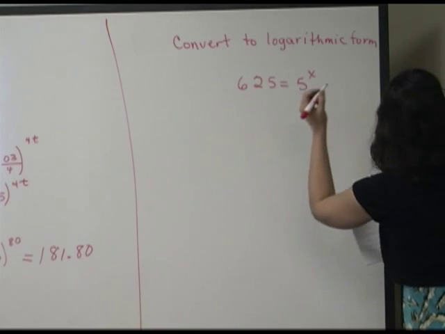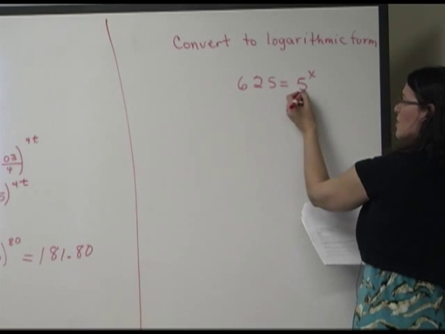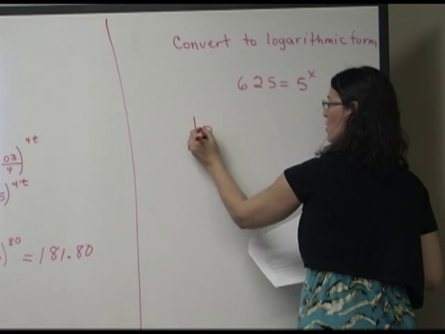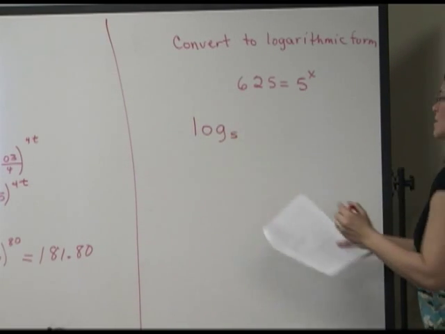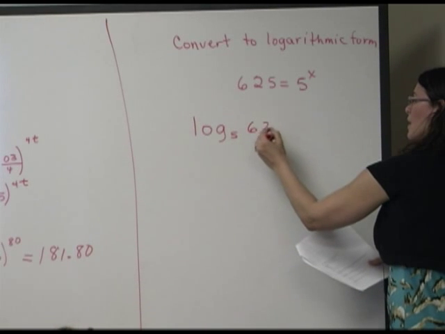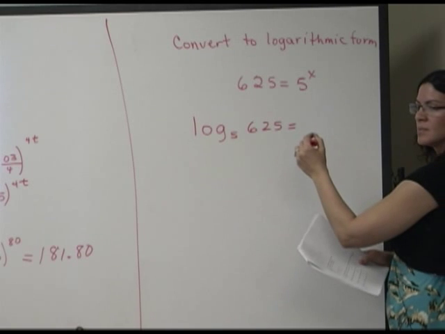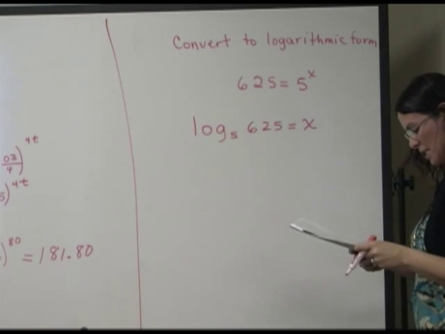Okay, how do we convert this to logarithmic? The base, right? The base is the number that has the exponent. That's going to be the base of the logarithm. Then you have the 625. And the actual log is what? It's the exponent, right? That will be the exponent.